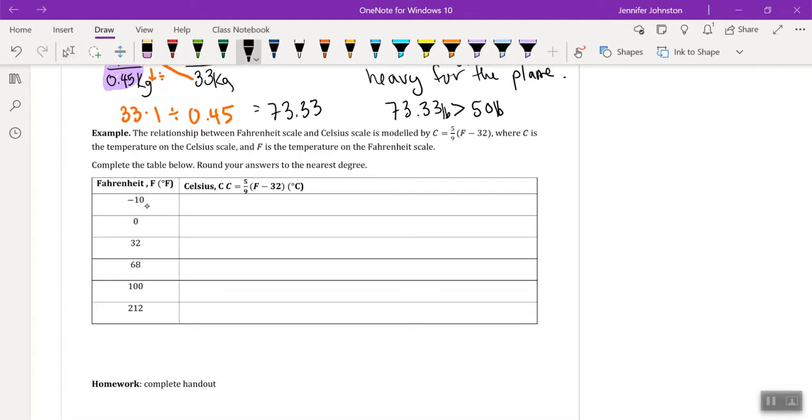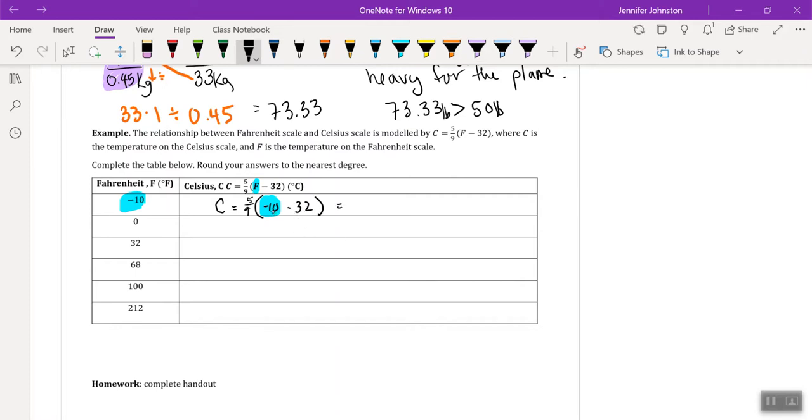If F is -10, this is -10 Fahrenheit, what's Celsius? So C is equal to 5/9 bracket, and where we see F, we're going to write -10. So -10 minus 32.